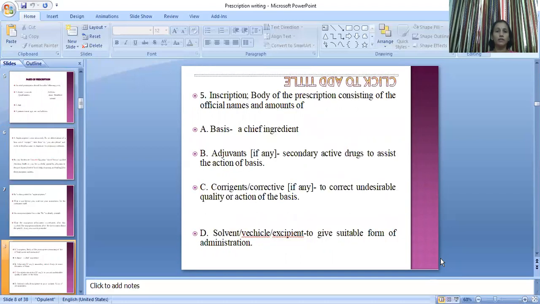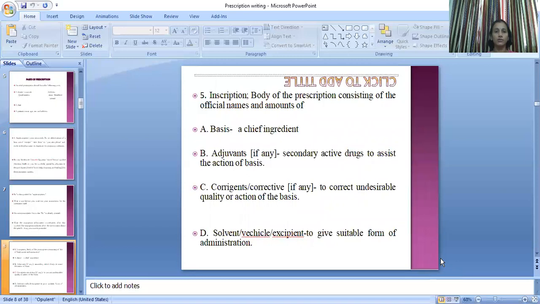The fifth category is inscription, which is the body of the prescription consisting of the official names and the amounts of the drug. The drug may have four components: one is basis, the second is adjuvant, third is corrective, and fourth is solvent or vehicle. Basis means the chief ingredient of the drug.